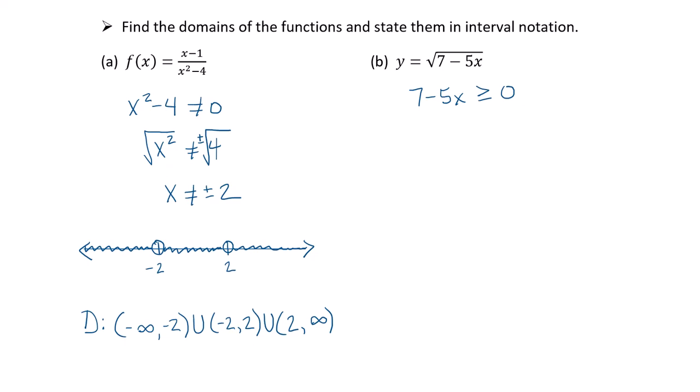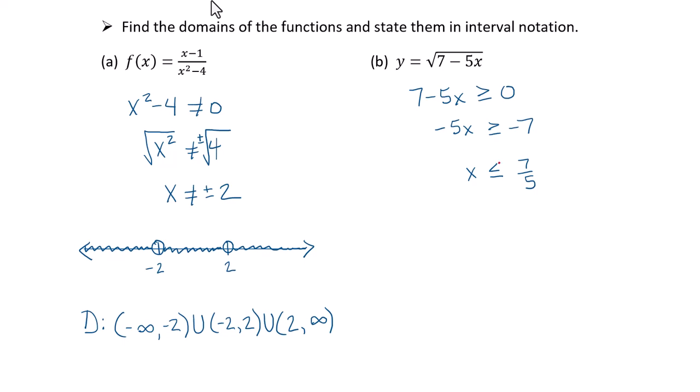So we write that inequality and solve it. Negative 5x is greater than or equal to negative 7, and x is less than or equal to 7/5. Notice that the inequality sign flipped.